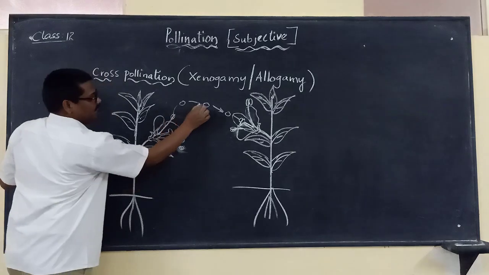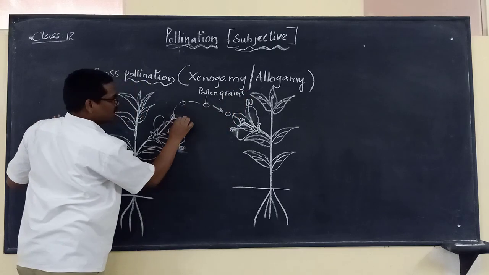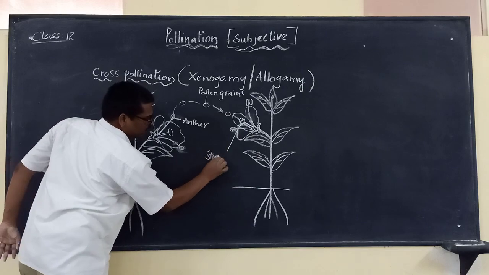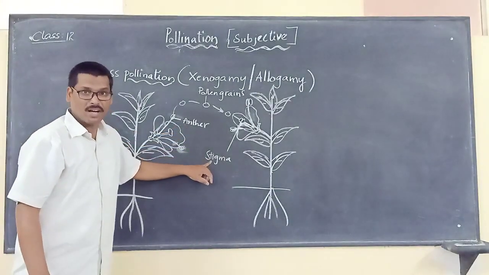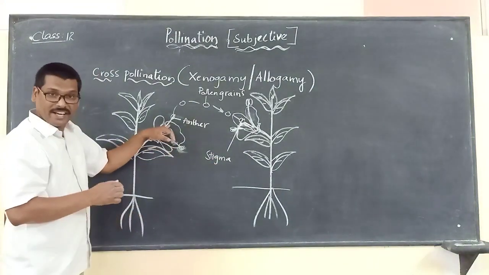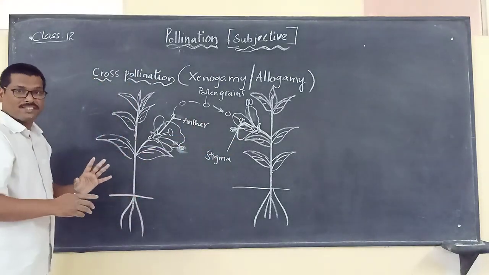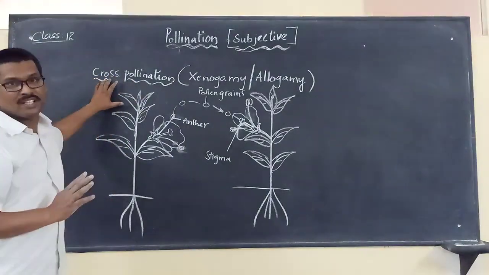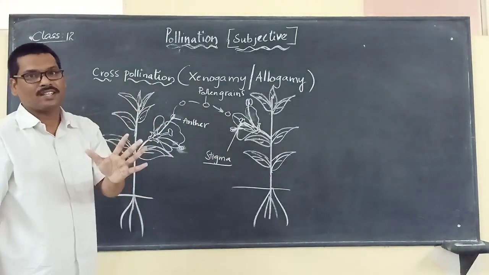So transfer of pollen grains. These are the pollen grains, this is the anther, and here this we are calling the stigma. So transfer of pollen grains from the anther to the stigma of two different flowers born on two different plants is called cross-pollination. It is only in cross-pollination that the stigma will be receiving genetically different pollen grains.